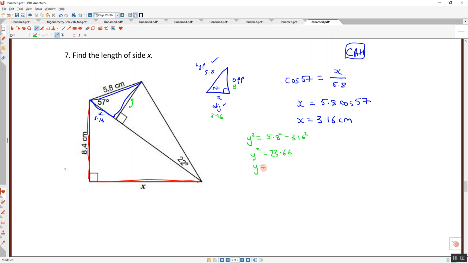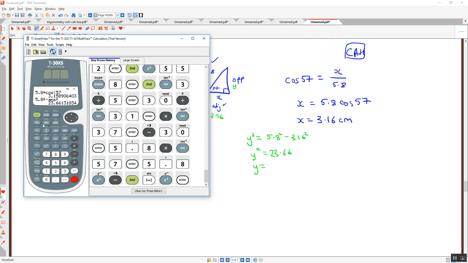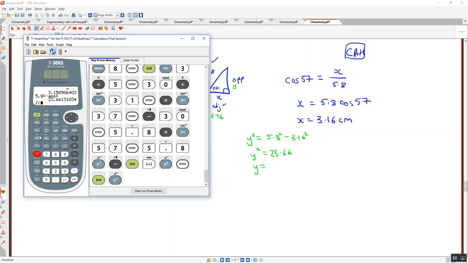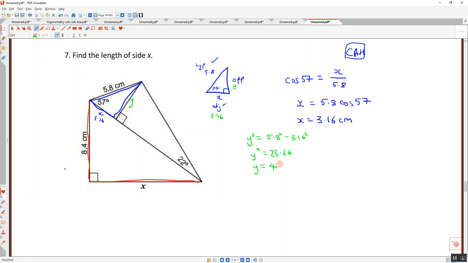So y is equal to the square root of that, 4.86. So this side is 4.86.